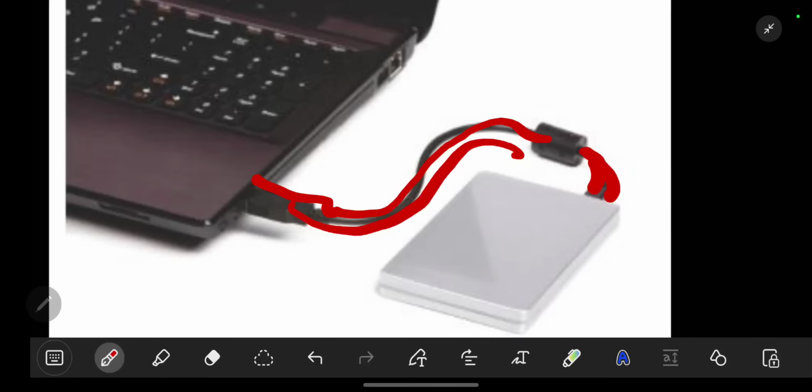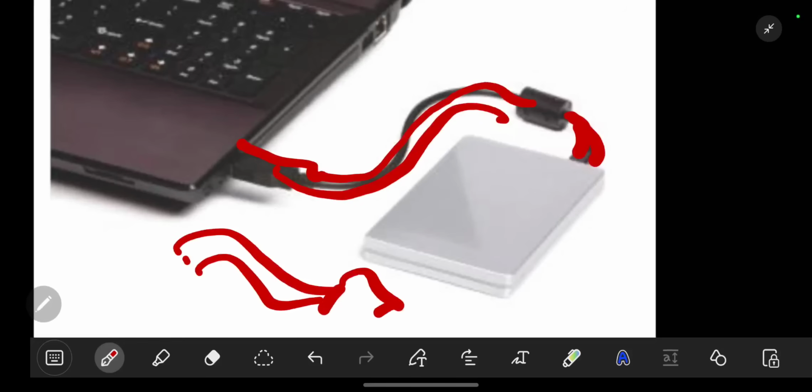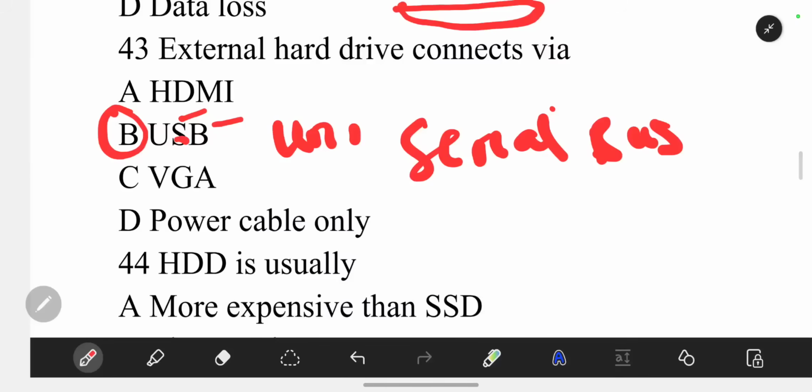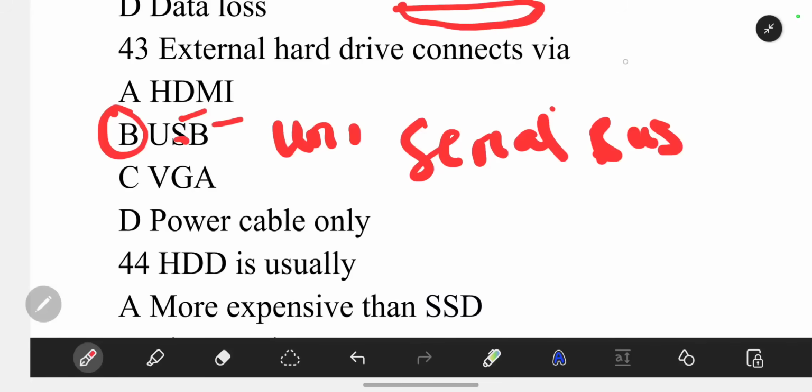It connects to the computer. It is a cable that connects to the computer. Many of you have already seen it. That thing was an external hard drive. As you can see, this is an external hard drive. It is found outside the computer. It stores materials, among other things.